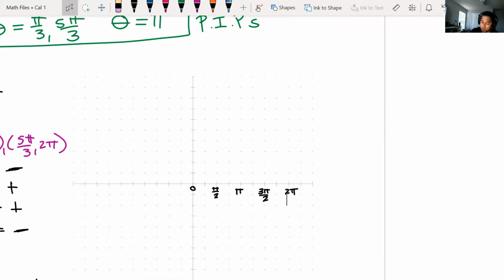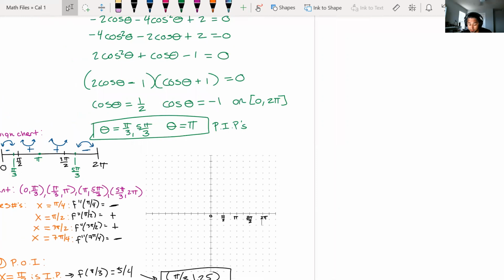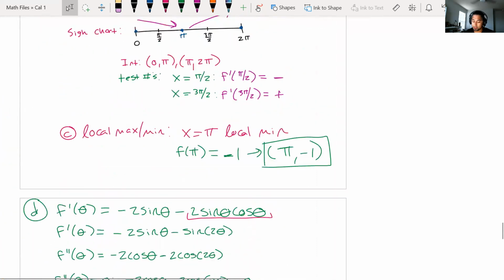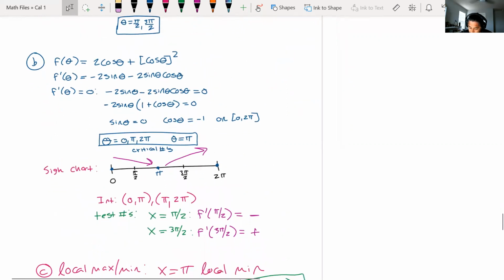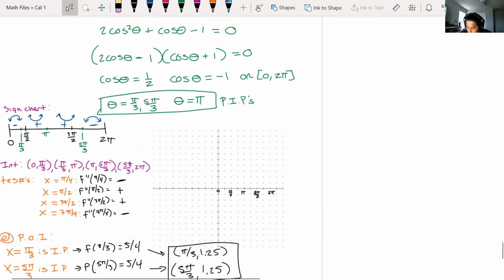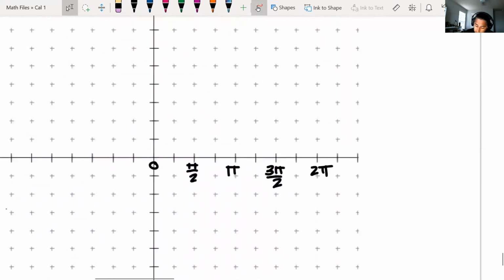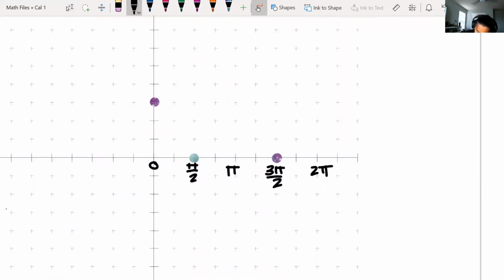Now let's start at the very beginning, starting with our intercepts. My intercepts are at pi over 2, 3 pi over 2, and 0, 3. So that's what I'll plot here.